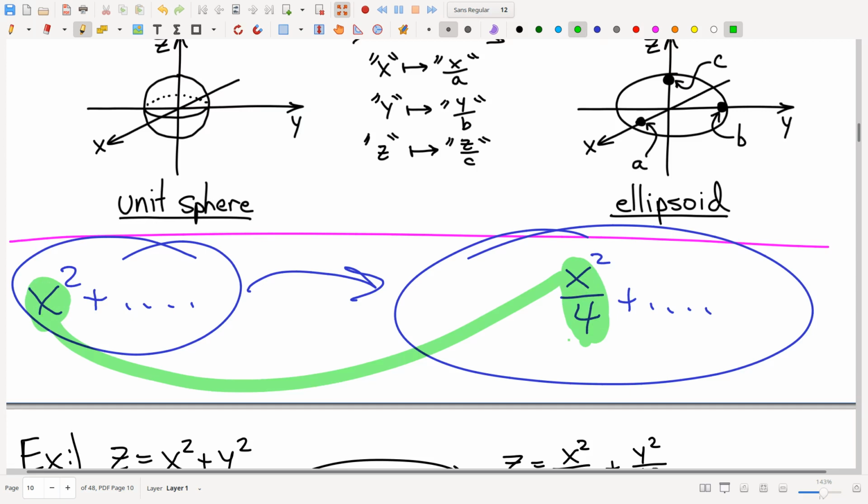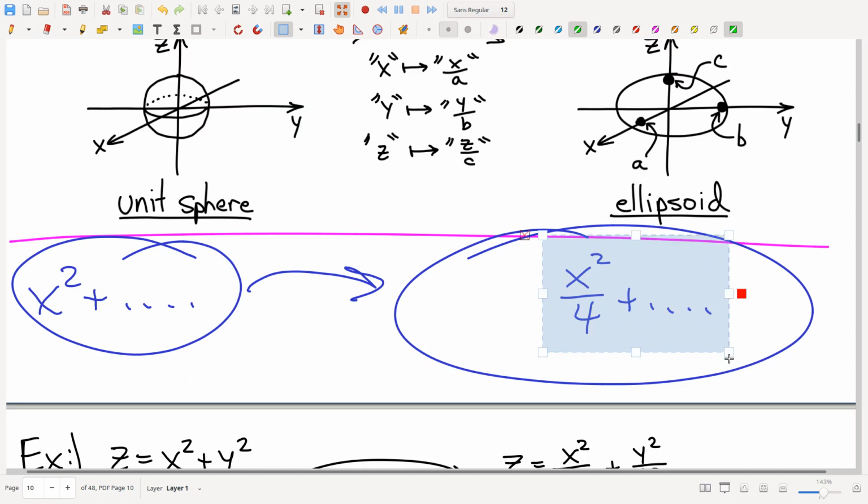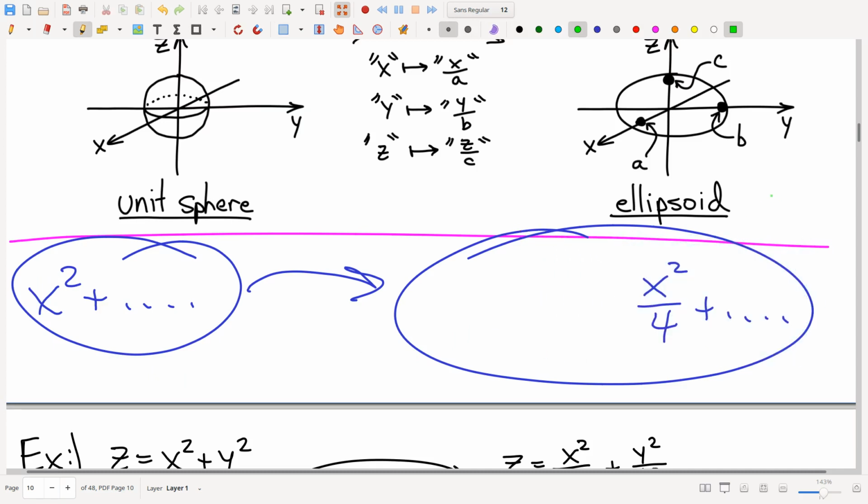You'd be surprised how often students step on this landmine. The point here is that, notice I can rewrite this equation as x over 2 squared plus blah, blah, blah. Right? So when I say replace this x with something, that means that whatever had happened to the original x has to happen to everything that you replace it with.